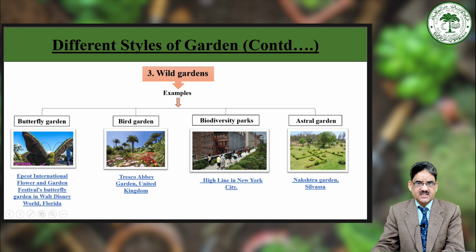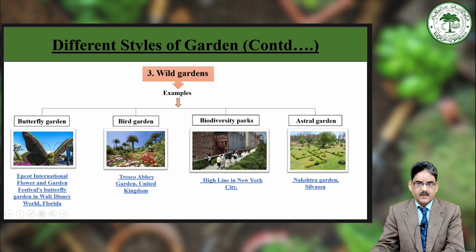Gardens with wild style are also divided into four types, as you can see in the images. In the first image, Epcot International Flower and Garden Festival in Florida is representing Butterfly Garden. In the second image, Tresco Abbey Garden in United Kingdom is an example of bird garden.